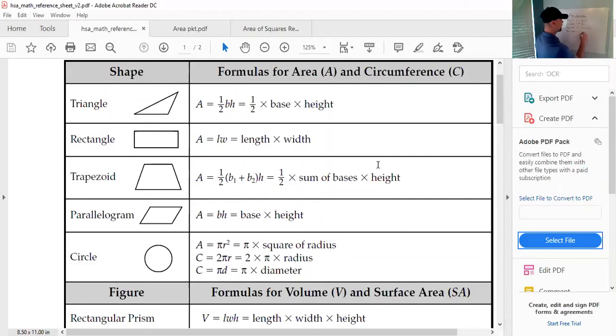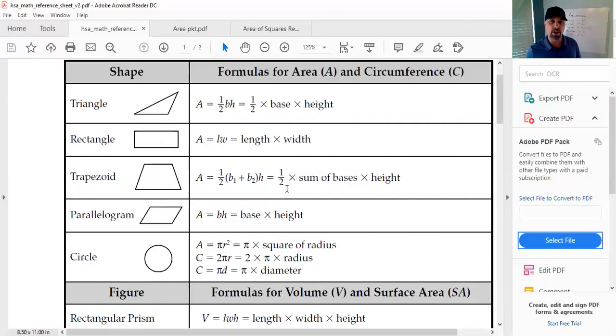Area equals base times height. And circle. Area equals pi r squared. Pi times the radius squared.